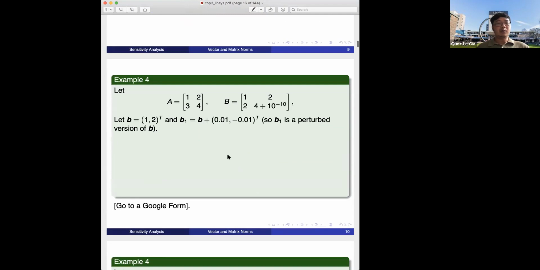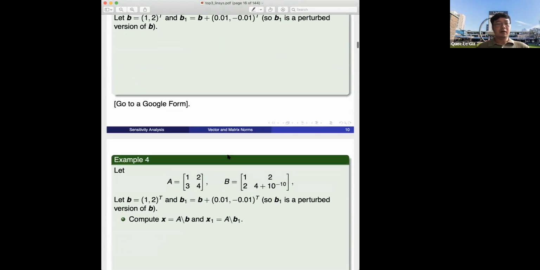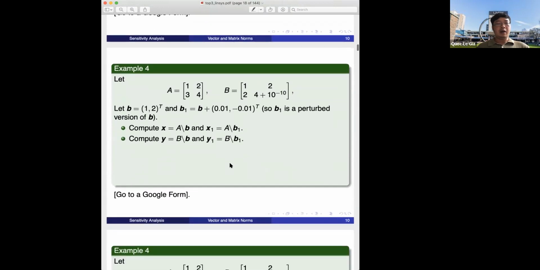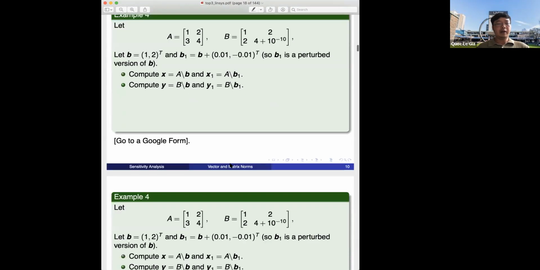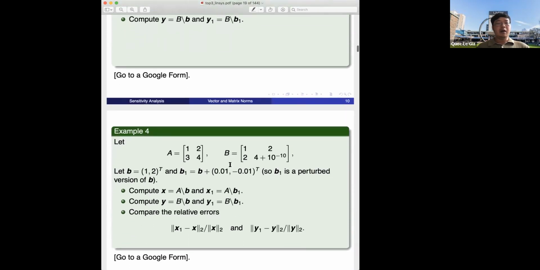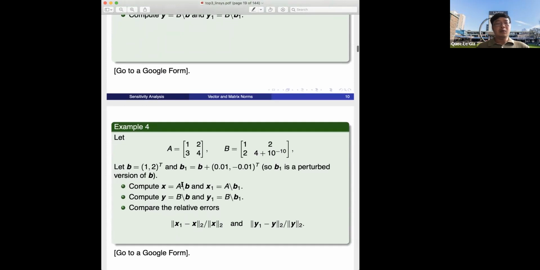Okay, so now I have a concept of the norm already. Now can you compute? You see, now I have a vector b, right? b is the right hand side, 1, 2, and then I have a perturbation of b, b1.